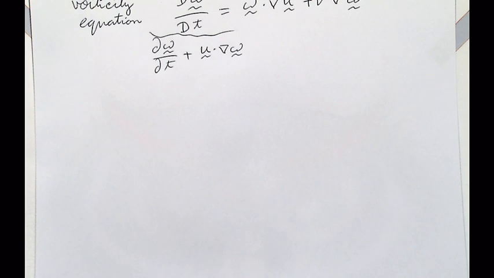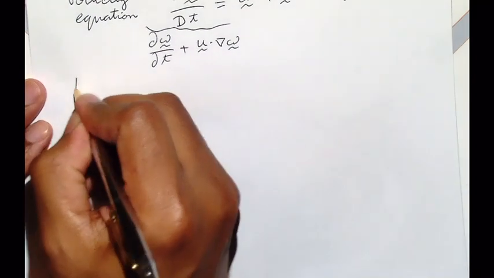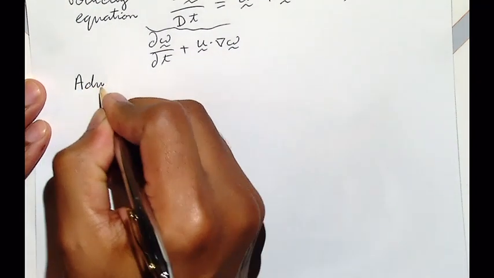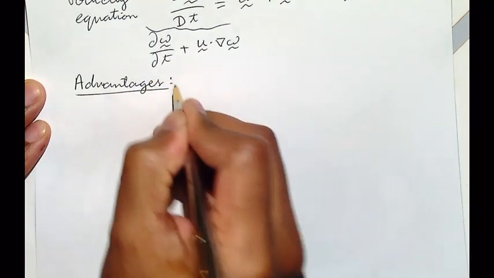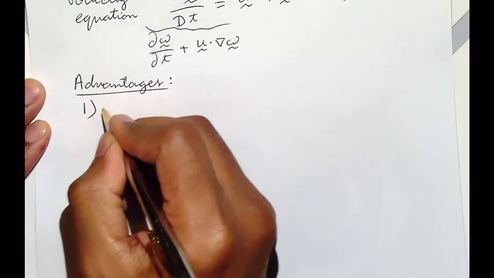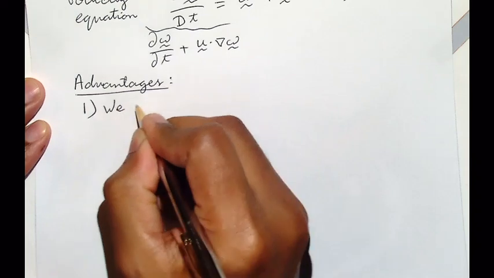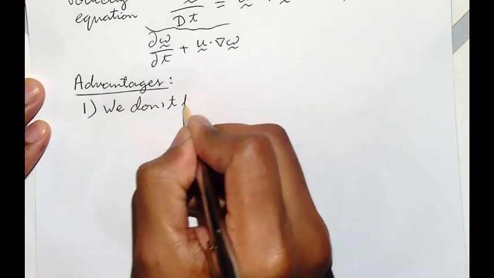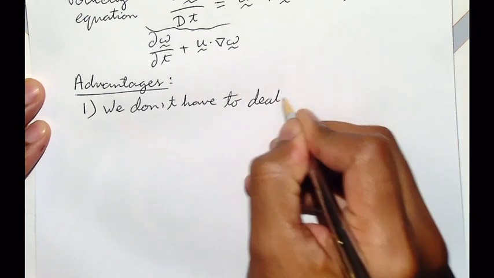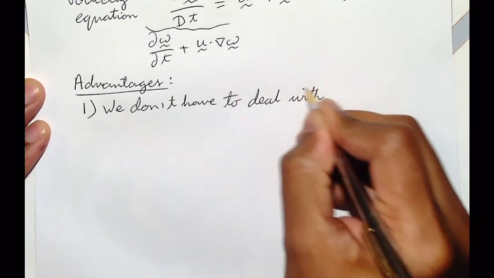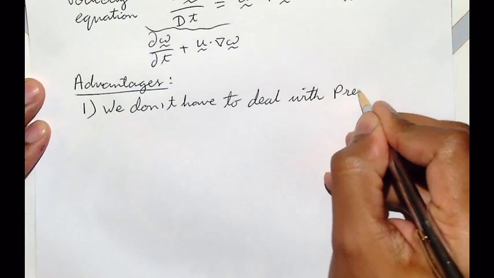We also talked about how there are several advantages to using these vortex methods. So let's make a list of some of the advantages. The first one was that we don't have to deal with pressure boundary conditions.